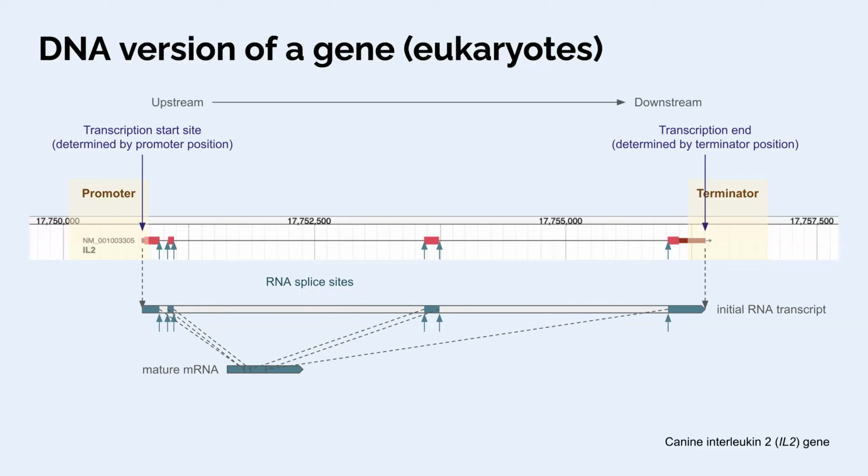So when those are all stitched together, it's a lot smaller, but it is now streamlined to the sequence that's ready for translation. As we saw with translation, and something important to keep in mind, is that the start codon is not the first 3 nucleotides of the mRNA molecule.